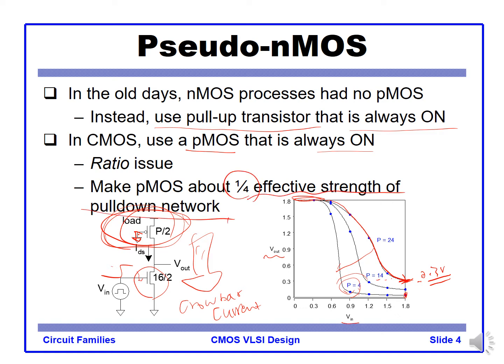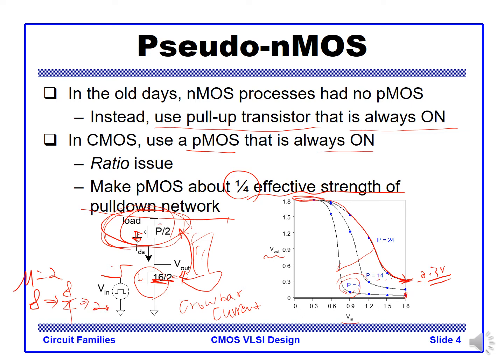So for mu equal to 2, if you have 16/2 for the NMOS, like a 4, then in typical CMOS design we would want the PMOS to be 8, but since the pull-up is always on, we make it 1/4 of the device size, that is 2.